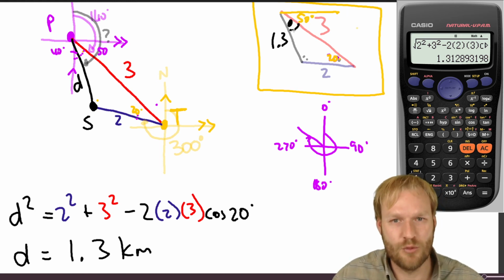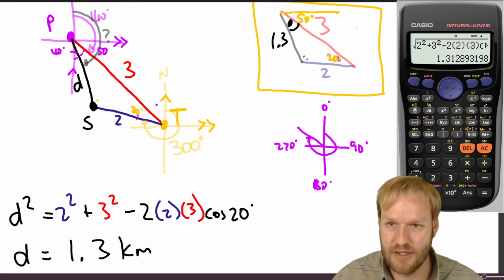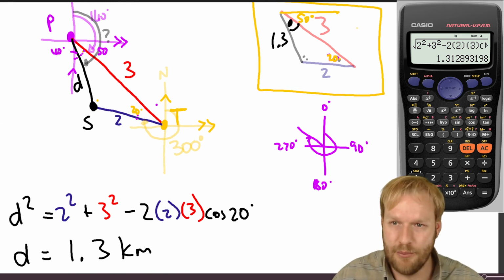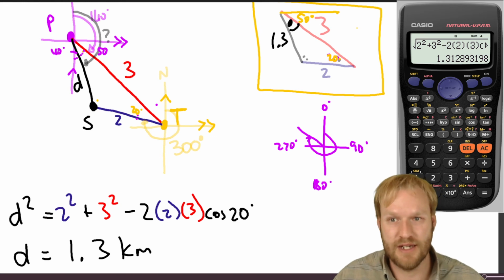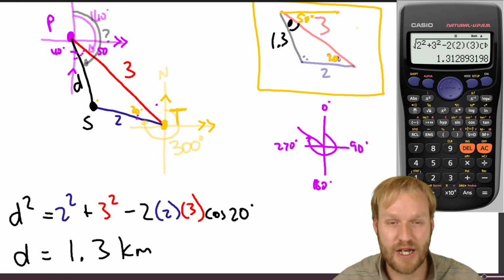So therefore, if we can work out this angle inside the triangle, our bearing is going to be, that was in black down there, our bearing is just going to be, here's our red line over there. It's going to be the 50 degrees plus that angle plus 90 degrees. So we can work out our bearing.